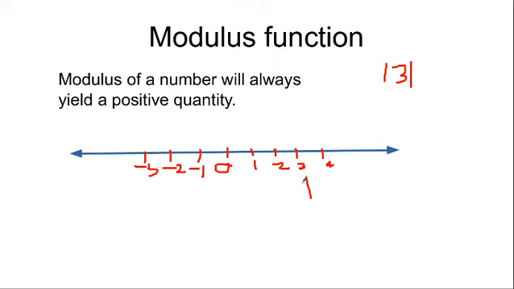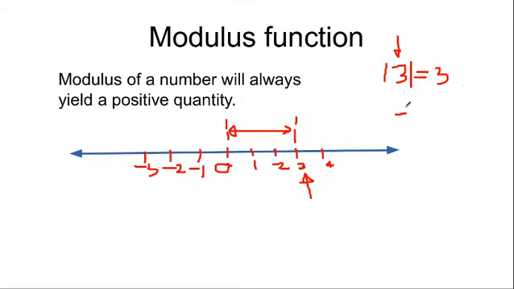Let's look at 3 first. 3 is a positive number. So the modulus means the distance between these two values. We know it is 3 units apart. The positive number 3 is 3 units away from 0. So you can replace it by the positive quantity 3 itself.